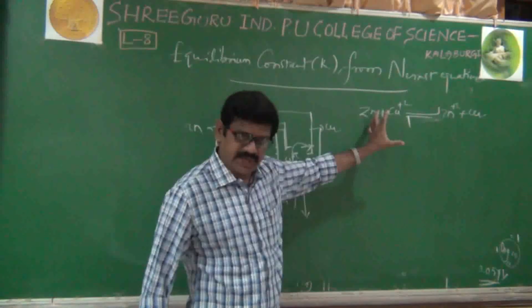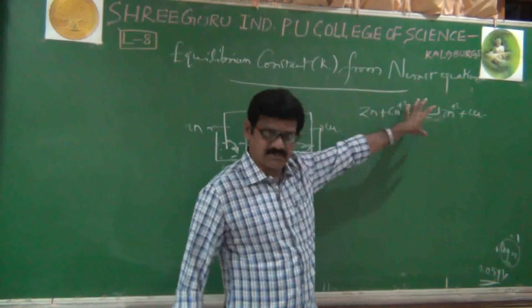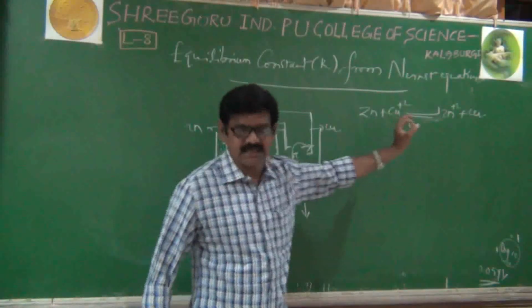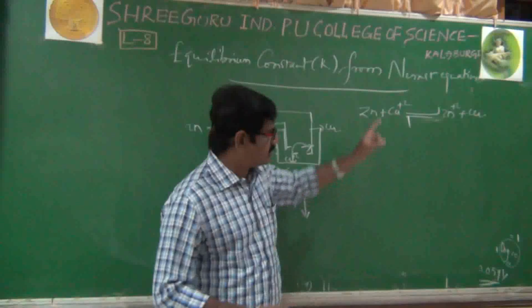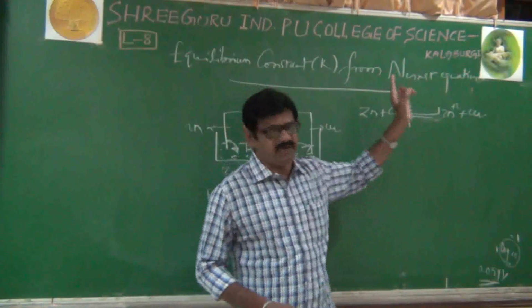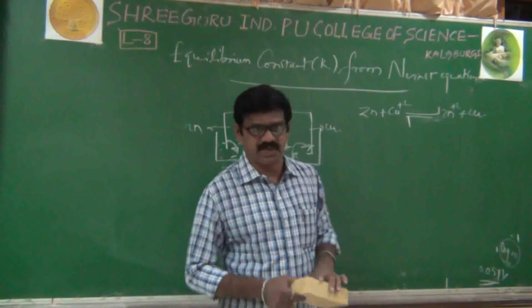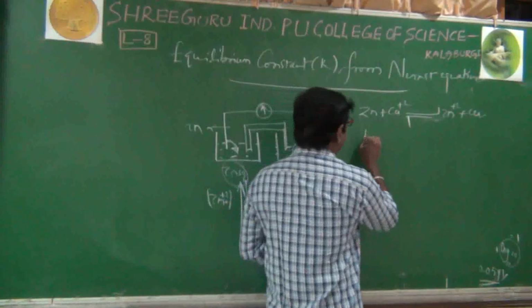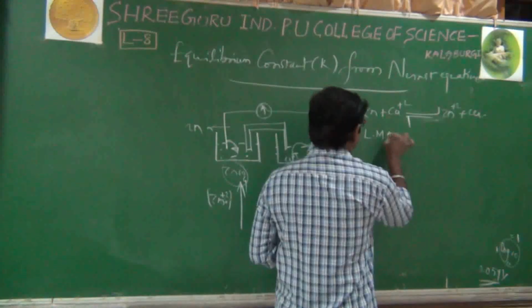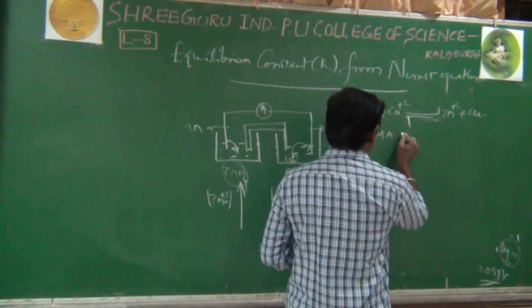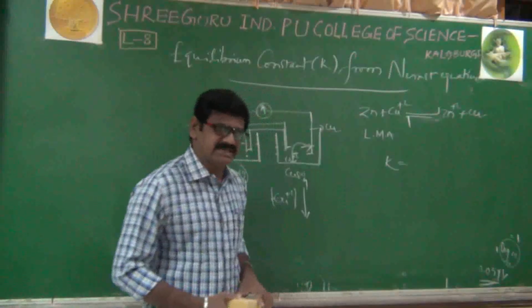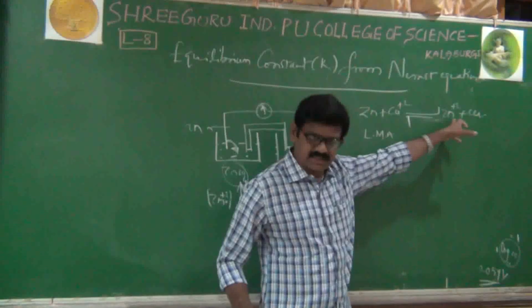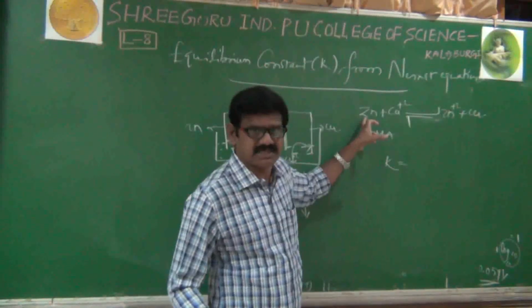At this equilibrium, first we will apply the law of mass action. Regarding the law of mass action, we have learned it in our first year equilibrium topic. According to the law of mass action, the equilibrium constant K is equal to product concentration divided by reactant concentration.